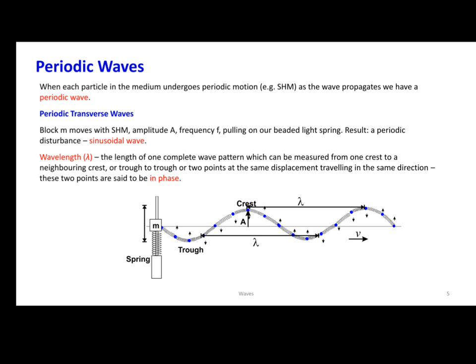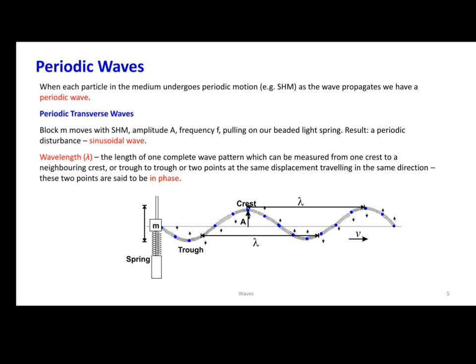Our block moves with simple harmonic motion, and this forms an amplitude, so it's actually displaced by a distance A above and below the mean position. It oscillates f times per second. This is just a beaded spring, so we've got little beads on the spring. The result is your periodic disturbance, and it's called a sinusoidal wave, simple as the shape.